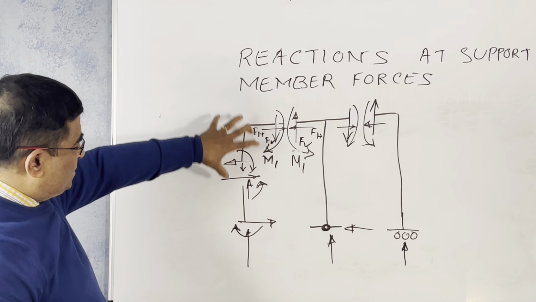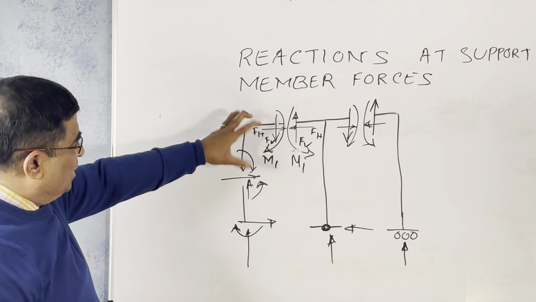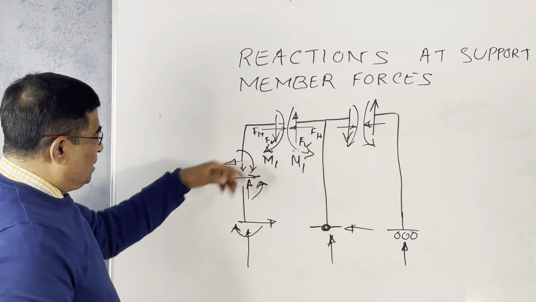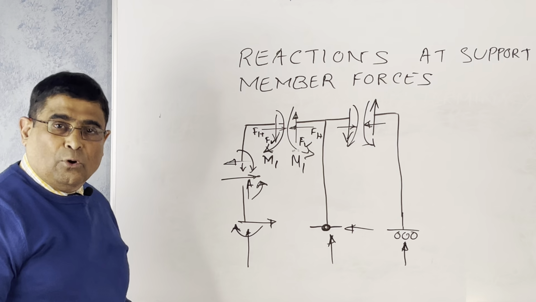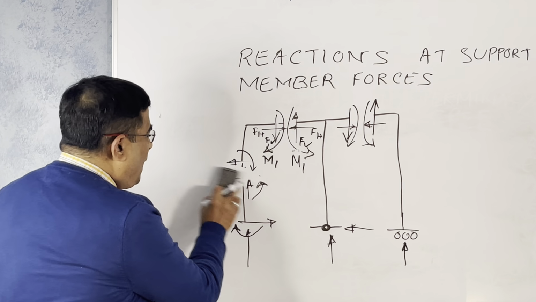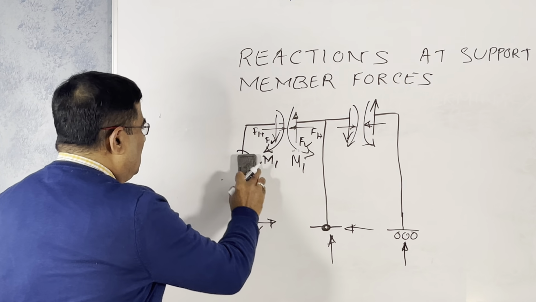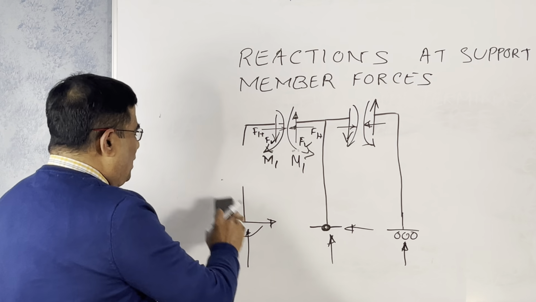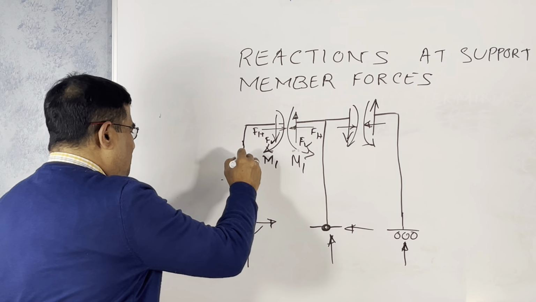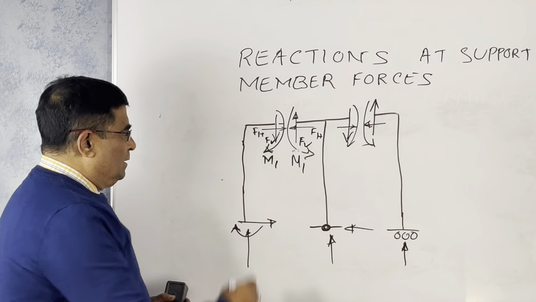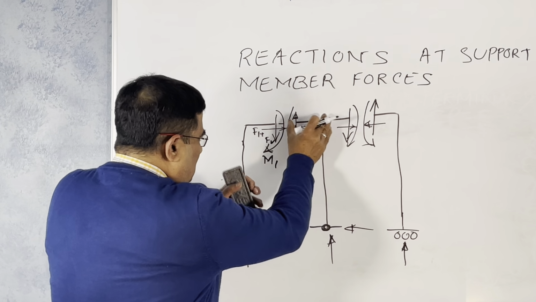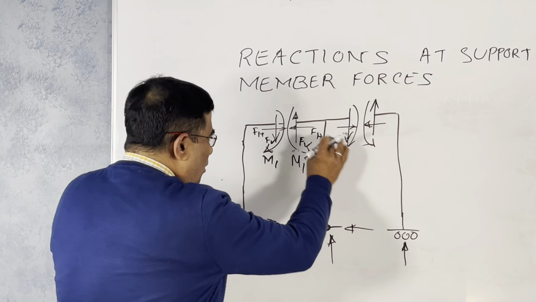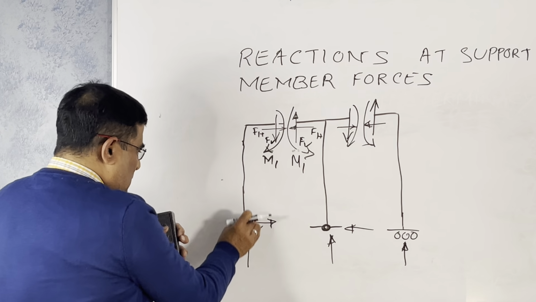It is not connected to a support, it is free. So this is not the way to go. We cannot cut it somewhere in the middle. We must have one support for this element or this part.